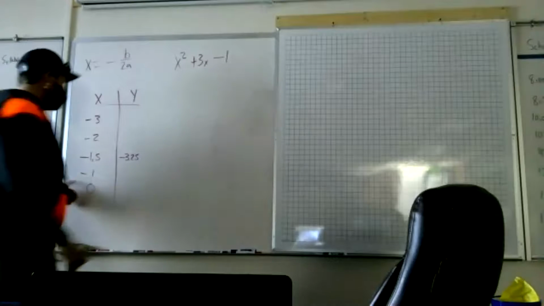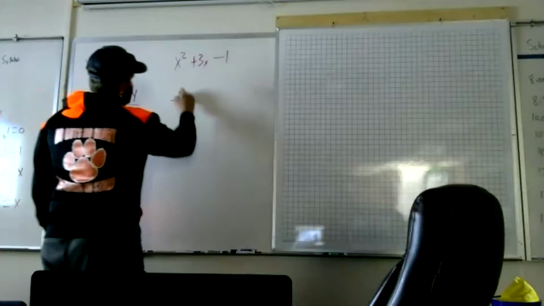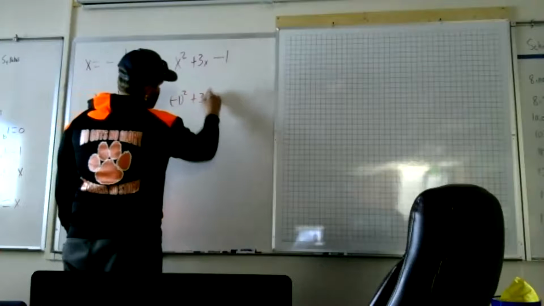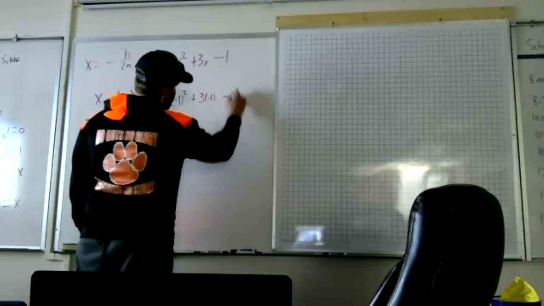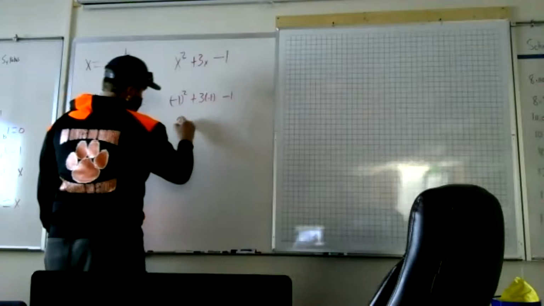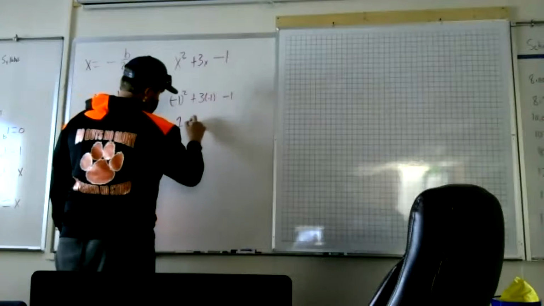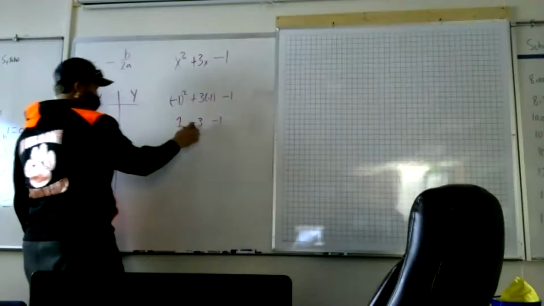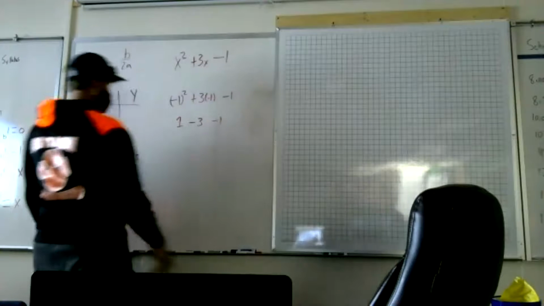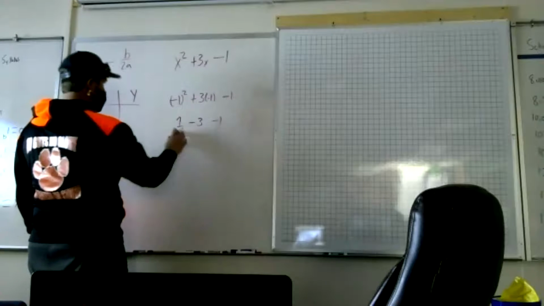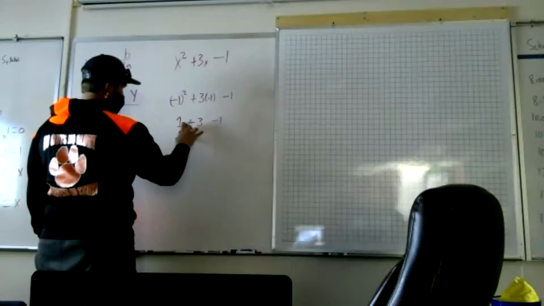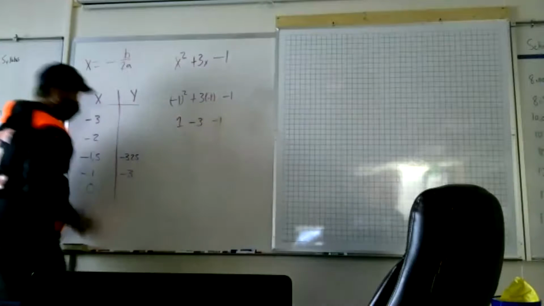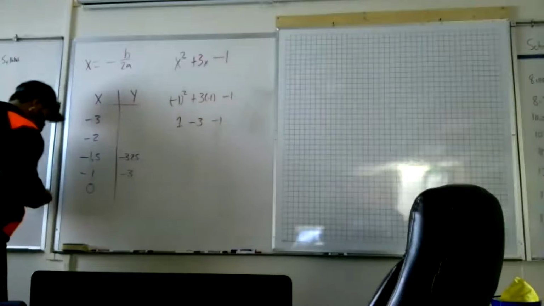So I'm going to plug in -1 first. -1 squared plus 3 times -1 minus 1. -1 squared is 1. 3 times -1 is -3. Minus 1. 1 minus 3 is -2, minus 1 is -3.